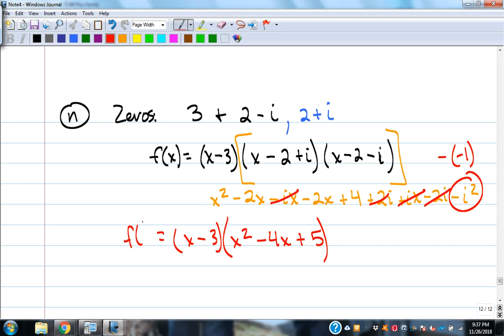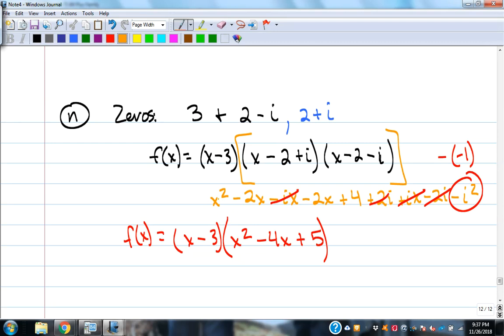Now all I have to do is multiply out this stuff. We have x squared minus 4x plus 5. Now multiply this out. This is the easy part.